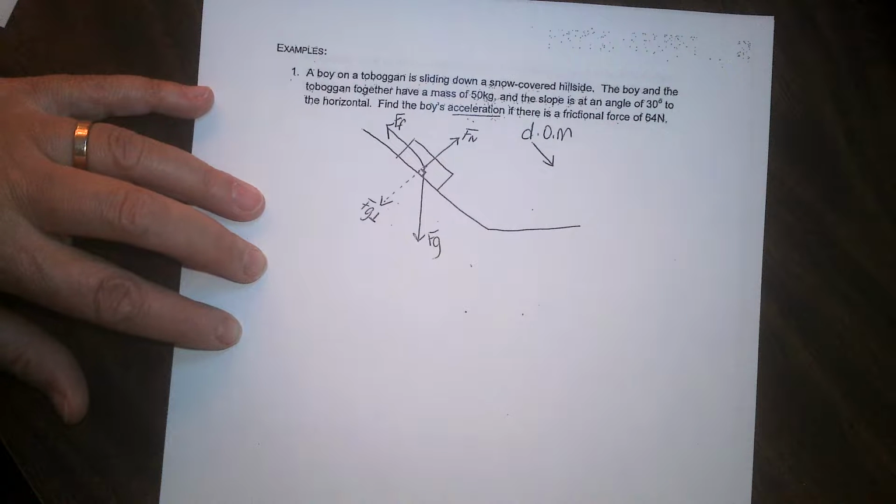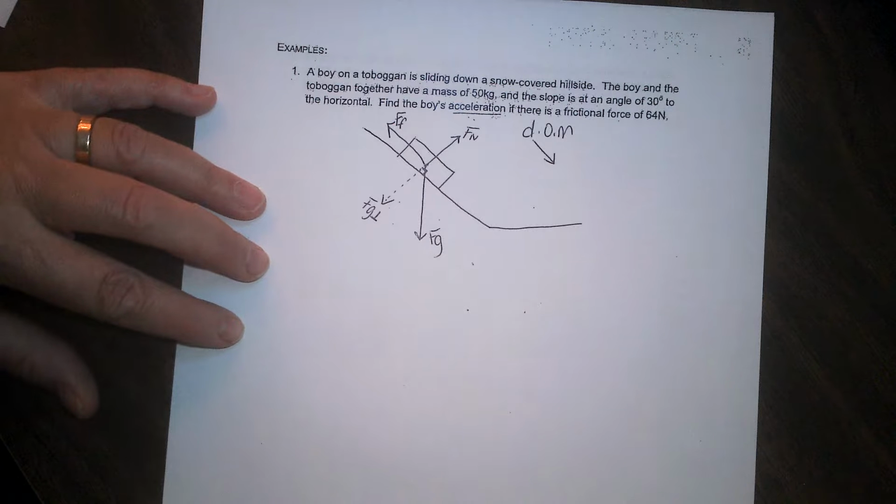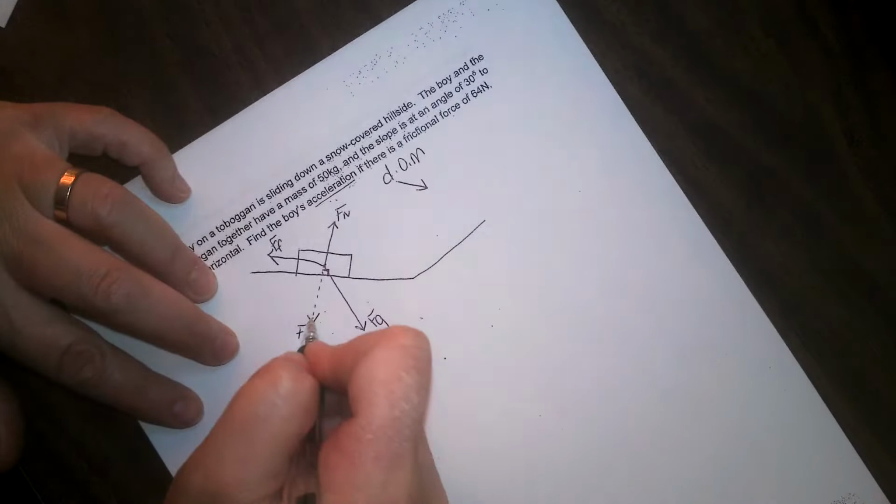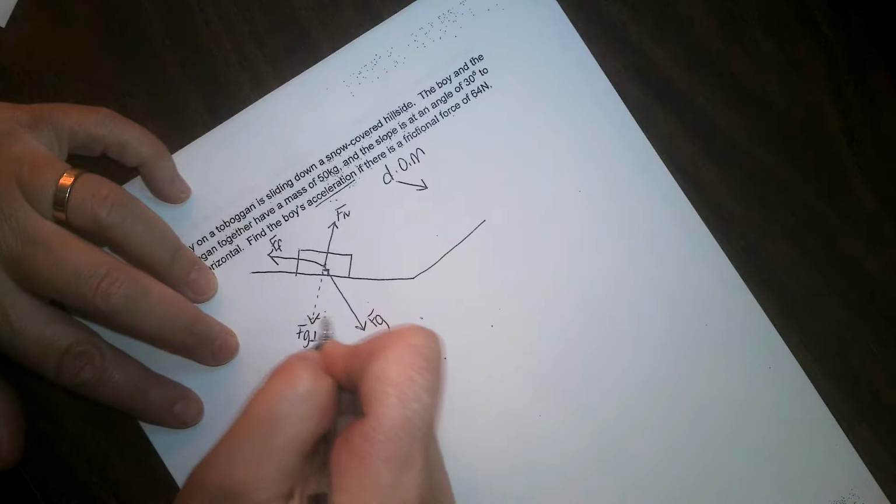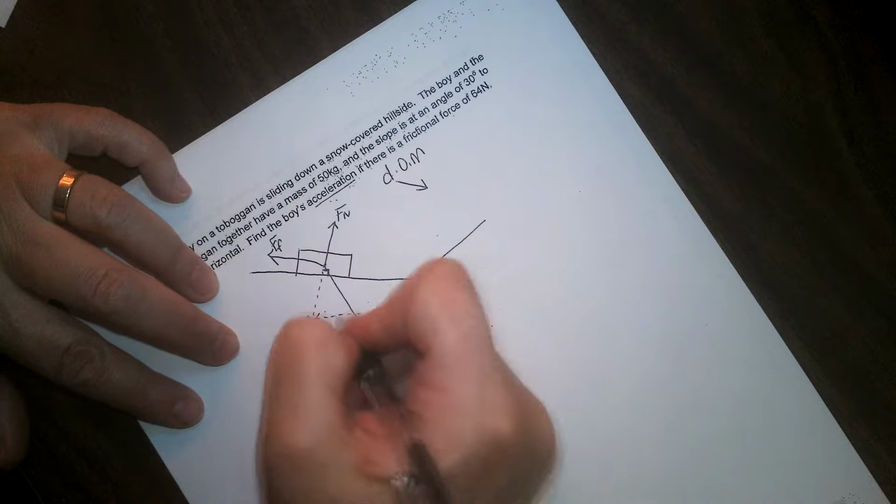You had said parallel, or maybe I misheard you. Okay. The other component of gravity is going to be this way, parallel to the surface.